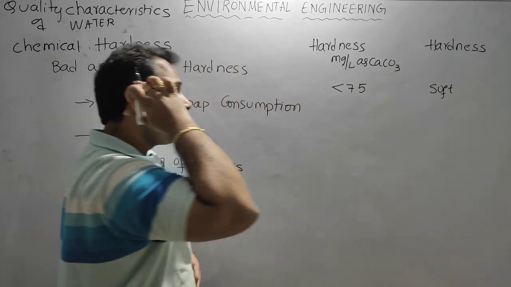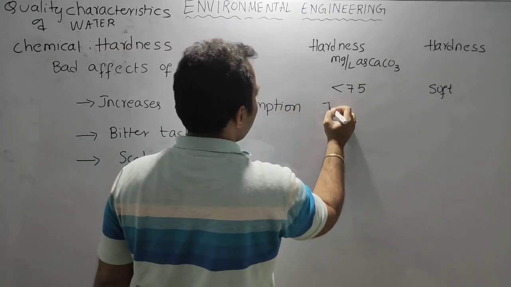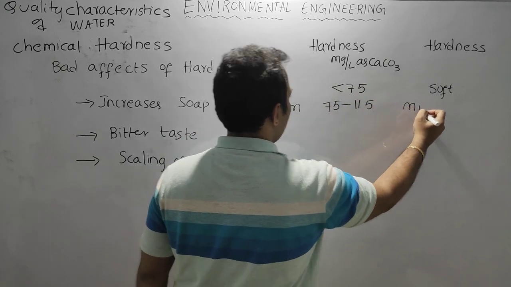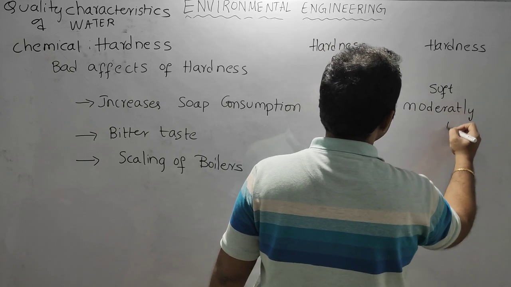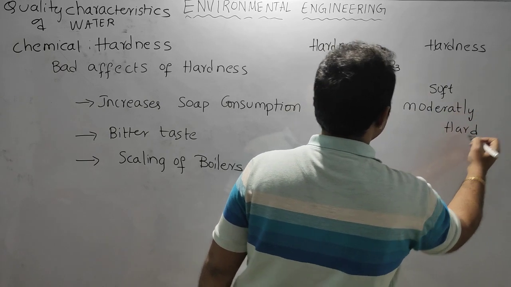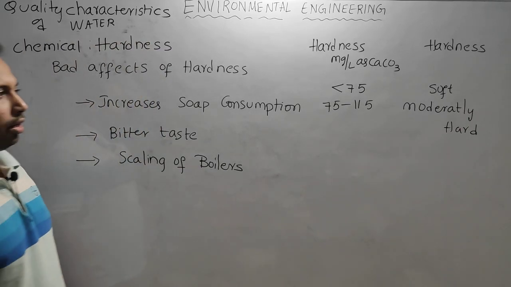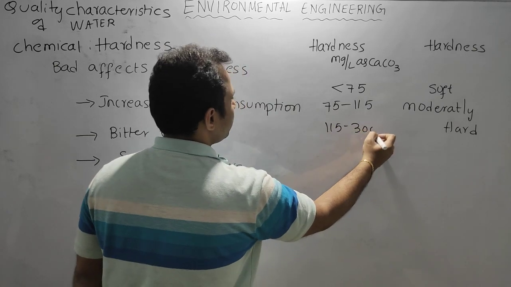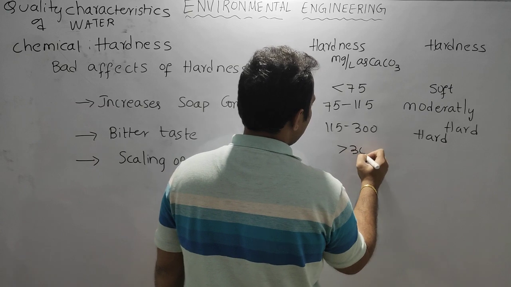Between 75 and 115, it is moderately hard water. If it is 115 to 300, it is hard water. More than 300 is very hard.